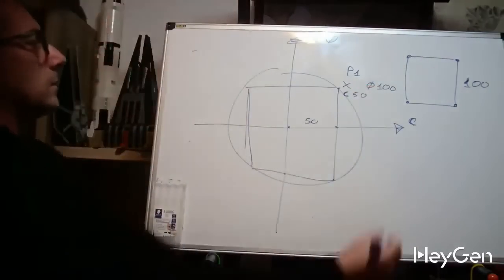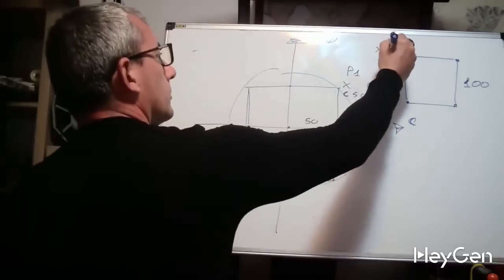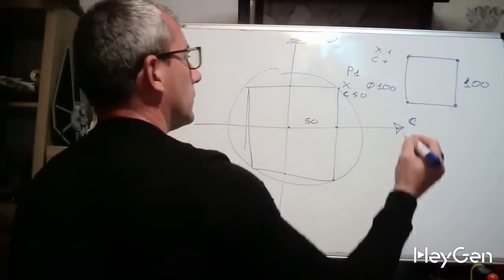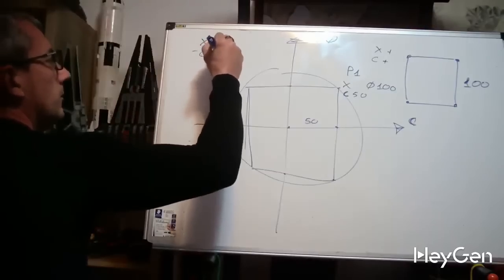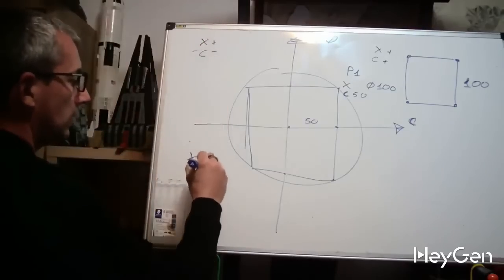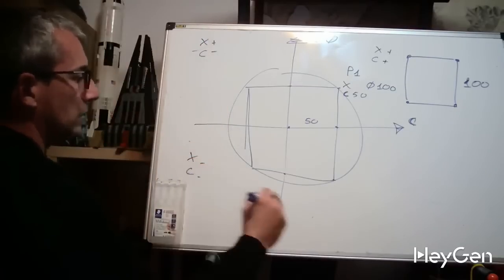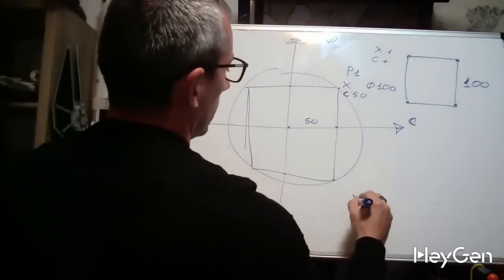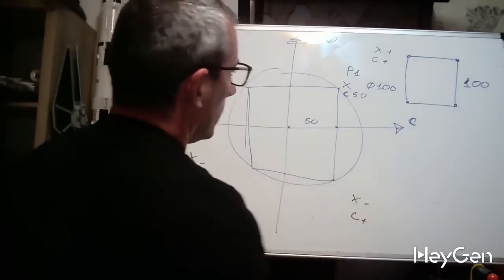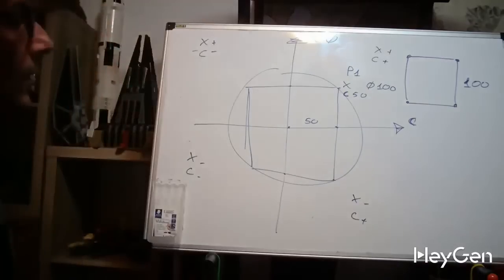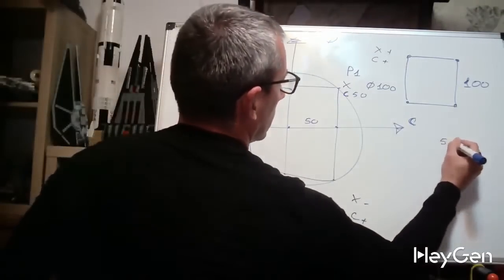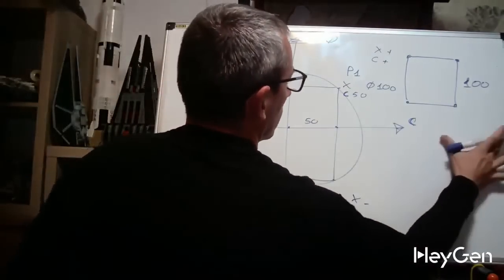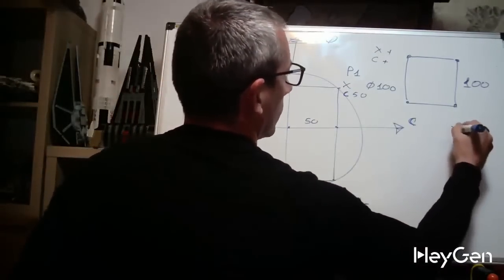Let's remember that we have X plus, C plus in this quadrant; X plus, C minus in this quadrant; X minus, C minus in this other quadrant; and X minus, C plus in this quadrant. So, let's write it down here and take note of it. Point 1. Actually, here we write X.